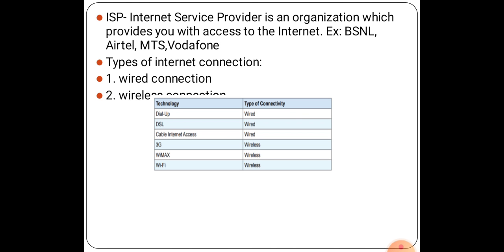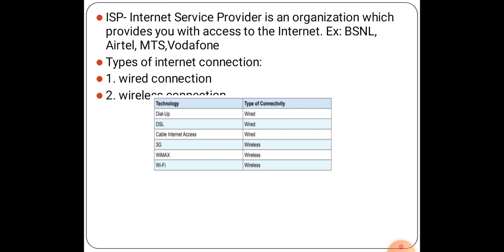It is an organization which provides you with access to the internet. Examples: BSNL, Airtel, MTS, Vodafone. These are all called ISPs. They will provide the internet facilities to the networks that we are using.